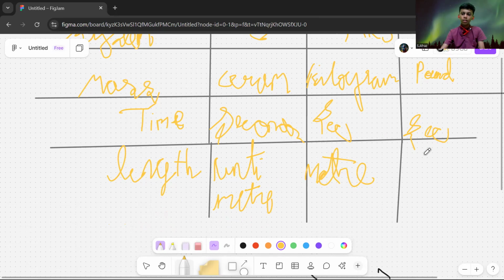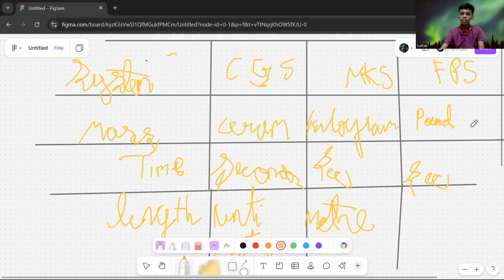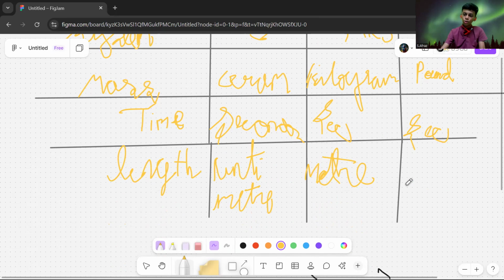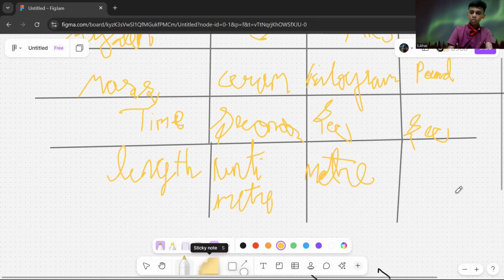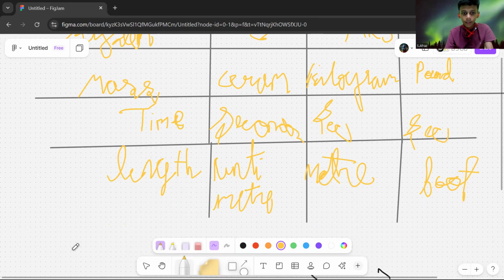And for the FPS system, it is foot. As I told you, in British, they will call it foot. I will write centimeter again also.